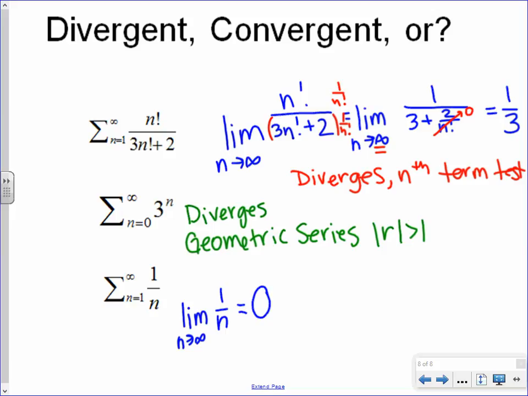But what I want you to understand is that if you try the nth term test and the limit does equal 0, you don't know anything. This series could converge, but it also could diverge. The only thing we know for certain is if we take the limit of the sequence and it is not 0, then it diverges. That's the only thing that we can use that theorem for. If the limit is 0, we've really gotten nowhere.